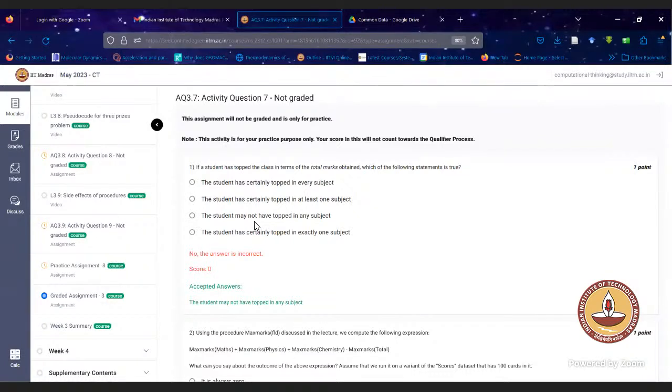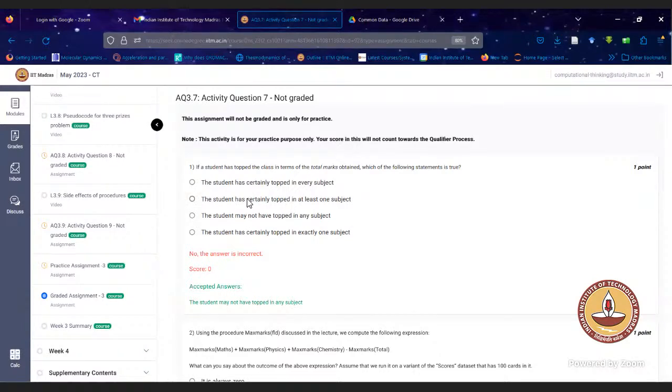Does that answer your question, or do you want me to explain each option? The second option: the student has certainly topped in at least one of the subjects. It is not necessarily true, right? It could be true, but what it says is that he has certainly topped. Certainly means for sure he has topped in one of the subjects.